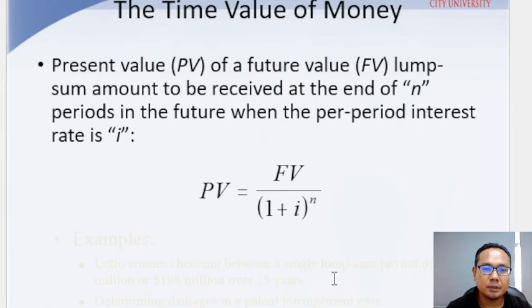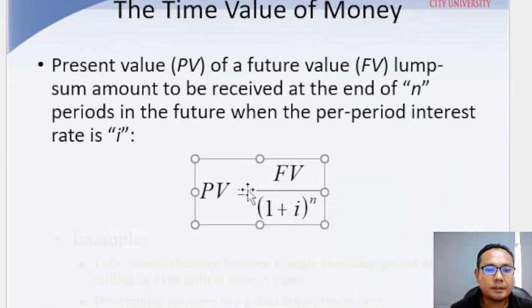As a manager, we must know the time value of money, which we can calculate through present value and future value. A future value is a lump sum amount to be received at the end of n periods in the future when the period interest rate is high. This is the formula, a simple formula.